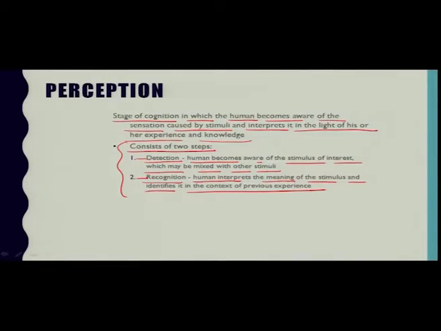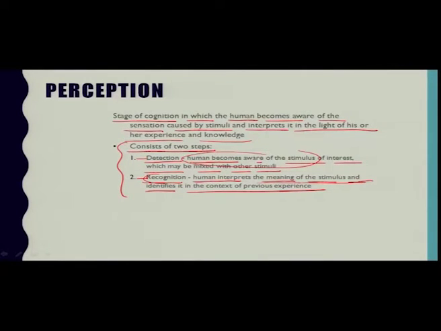Detection occurs when the human becomes aware of the presence of a stimulus, and recognition occurs when the human comprehends that the stimulus has been encountered before and is able to relate it to prior experience.